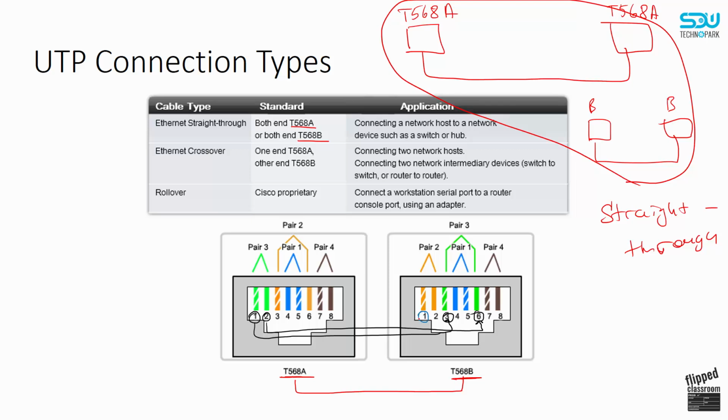First pin connects from here to pin number 3, and the second pin connects from here and goes to pin number 6, like this. So you have a cross, and that is why it is actually called crossover.